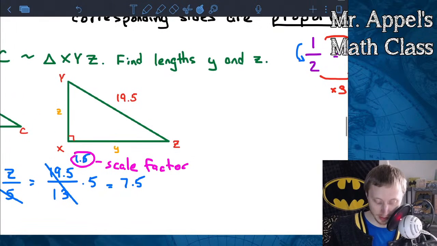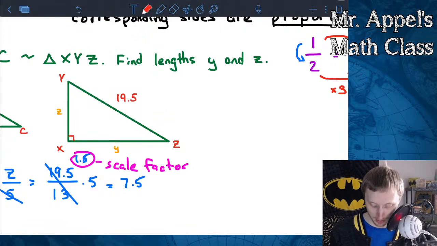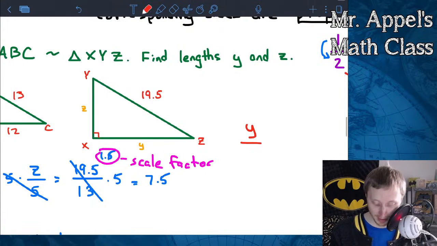And similarly, we set up a ratio for y. And I'm going to do it a little bit differently this time, just so you have an example of both ways. You could set large over small, so the corresponding sides on top of each other. Or I can put two sides of the triangle in one ratio. I could do y over 19.5.